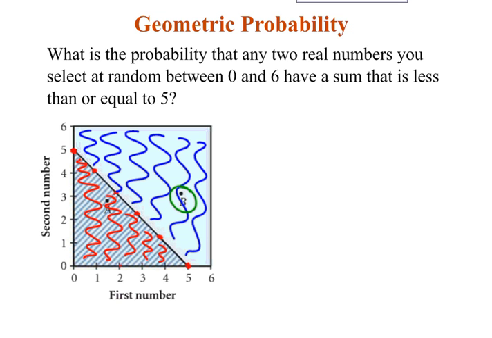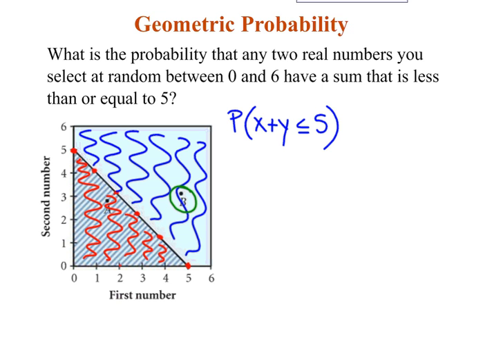So in order for us to answer the question, finding the probability that the sum of two numbers is less than or equal to 5, we're going to have to find the number of ways to get a sum less than or equal to 5 over the total number of possibilities.